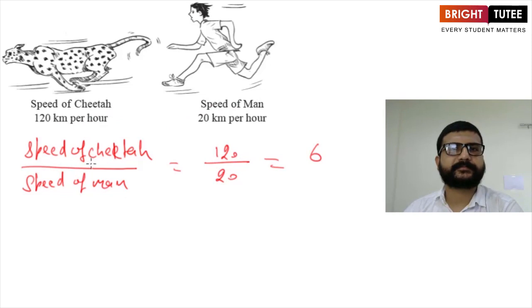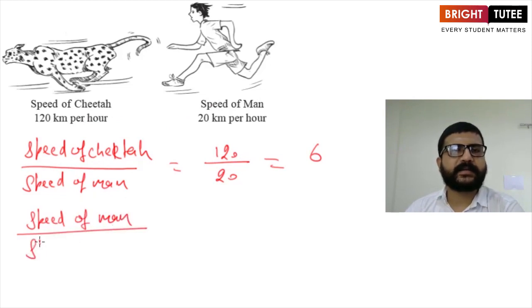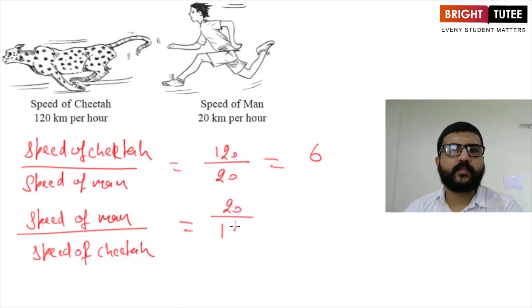And if we find the ratio like this, speed of man to speed of cheetah, this will be 20:120.